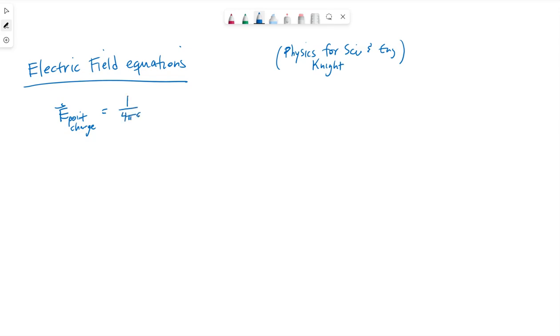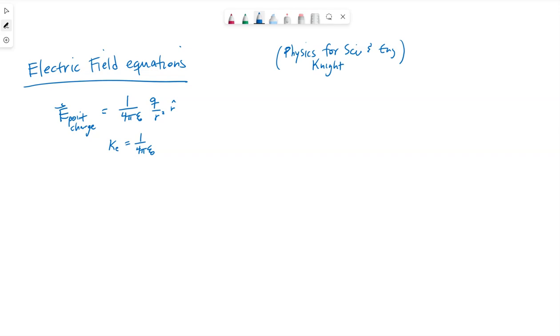So 1 over 4 pi epsilon naught Q over R squared R hat. Again, the 1 over 4 pi epsilon naught is the constant we've been using. So I wrote the equation as KQ over R squared before.